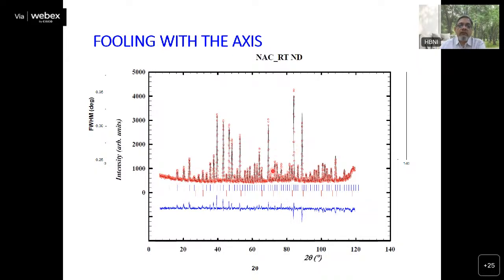You have a collection of peaks, and what I do is look at the resolution of the instrument across this 2 theta, the scattering angle. I measure the full width at half maximum of each of these peaks, and then plot it as a function of 2 theta.